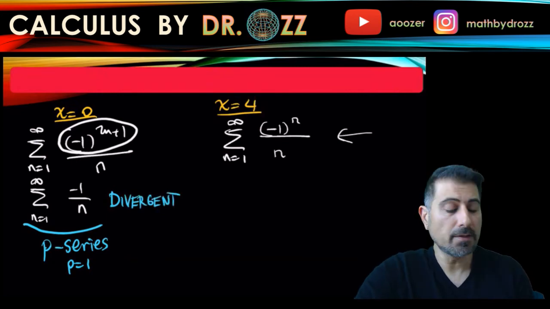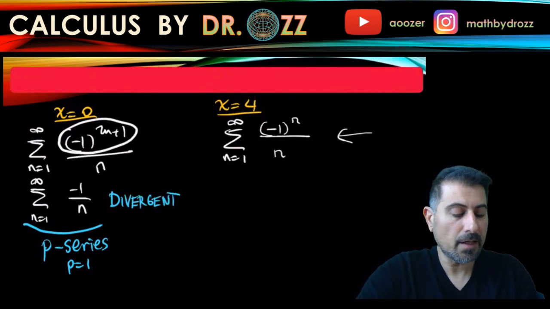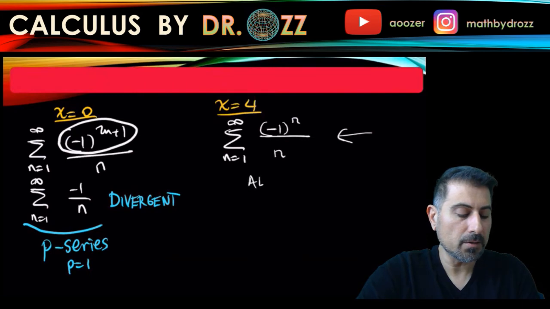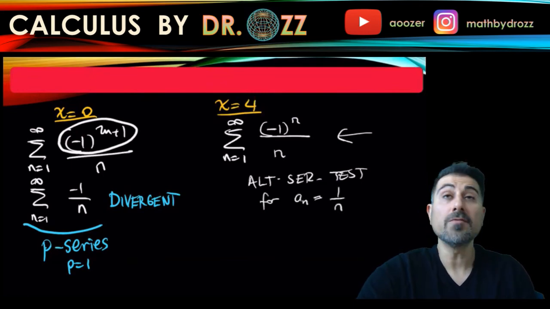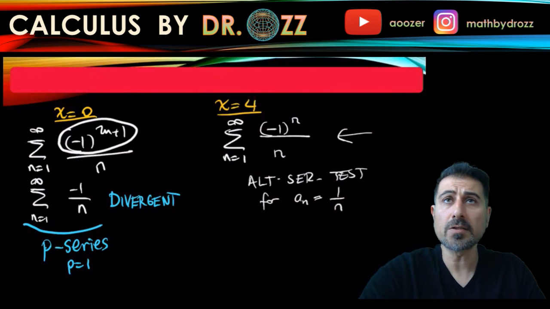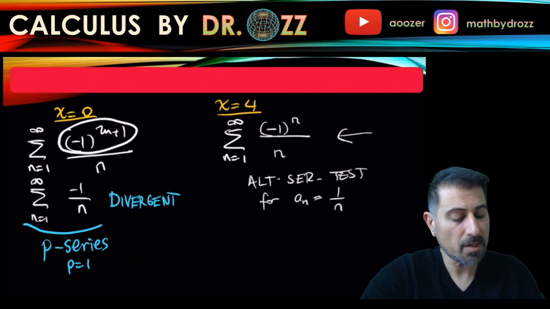Okay, so we know that this is divergent. And this is an alternating series. We have the alternating series test to apply. So for a_n equals 1/n, which is the non-alternating part of the series, we have two conditions to check.